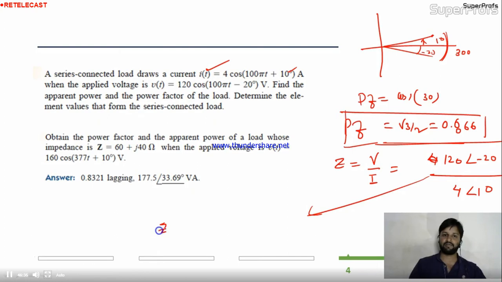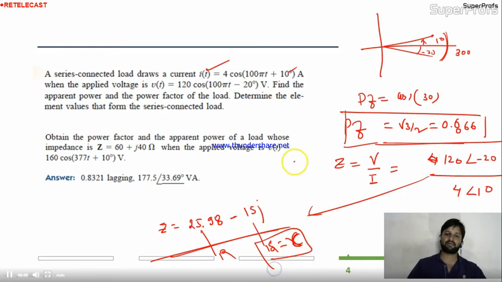When you solve it, you will get Z equal to 25.98 minus 15j. So this is your element. Here 25.98 is the value of the resistor and 15 is the value of the capacitance, C. Right? Means capacitive reactance, Xc is nothing but minus 15j. Okay. So this is all about the first question.